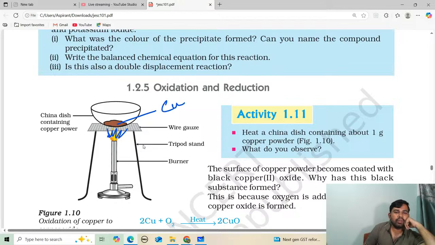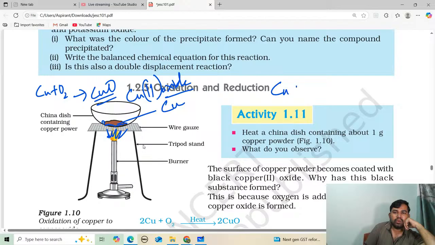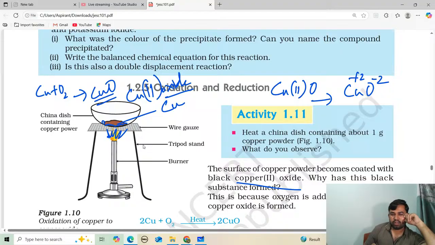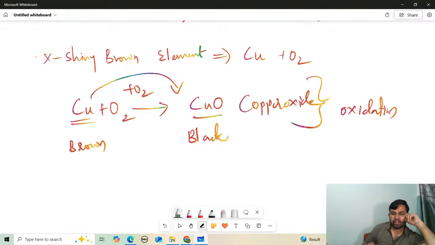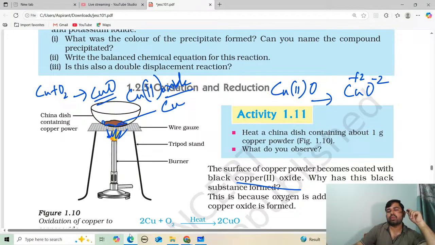The surface of the downside, whatever is there, is copper, and on supplying heat energy it becomes copper oxide. Copper to oxide means the oxidation state of copper is plus 2 and oxide is minus 2. This is the activity with brown colored metal. Next question.